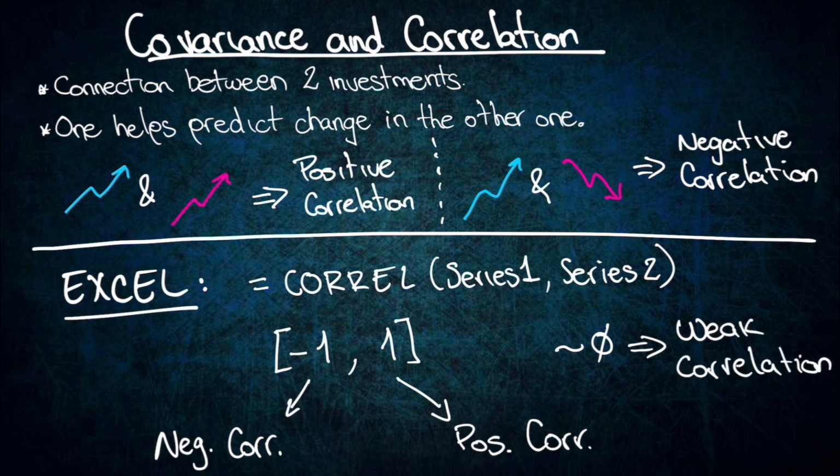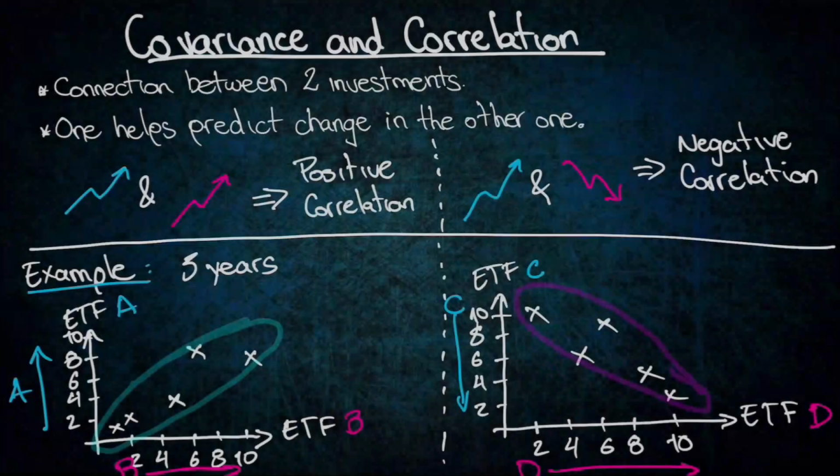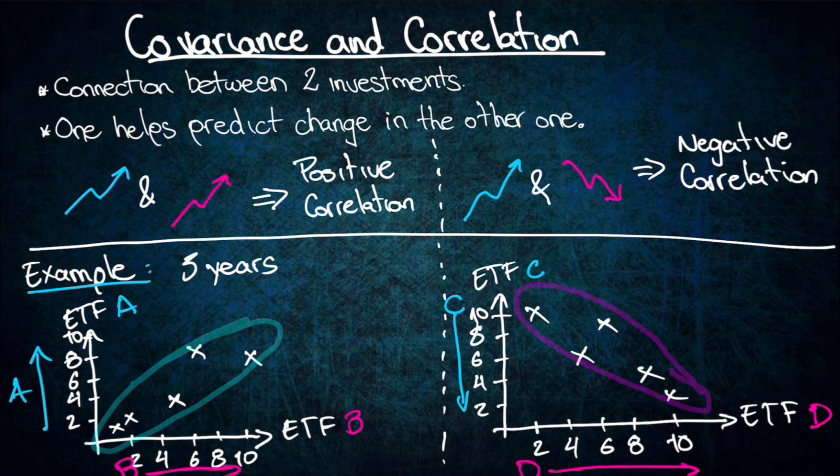We will see in next lessons how this measurement is going to help us determine if our portfolio is well diversified or not. For now, let's recap here. Correlation is the measurement that tells you how strongly two investments move in the same direction.